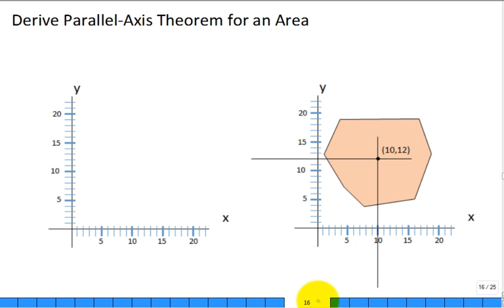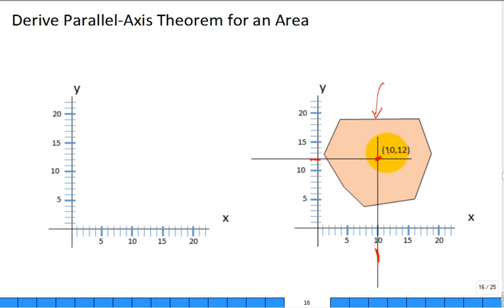Well, let's go ahead and now derive that parallel axis theorem for an area. First of all, I think it's easiest if you introduce a coordinate system and play with some coordinate system for a minute. And in this coordinate system, in this very generic area, I can actually talk about locations of points. Here, I put in numbers, 10 and 12. That's the point right there.